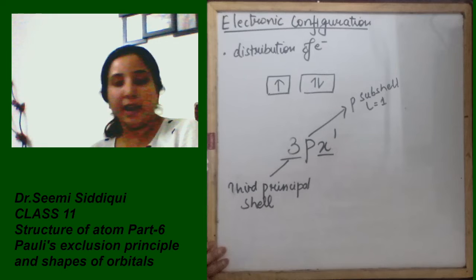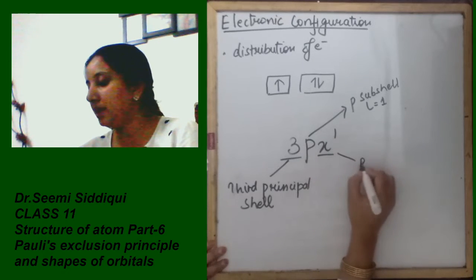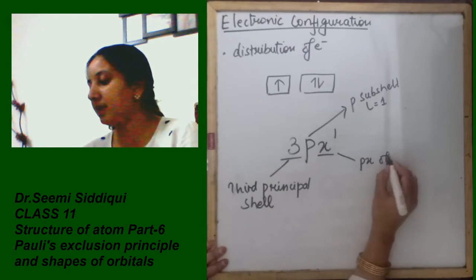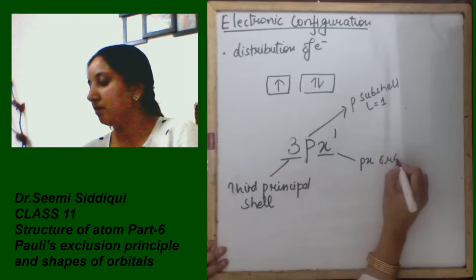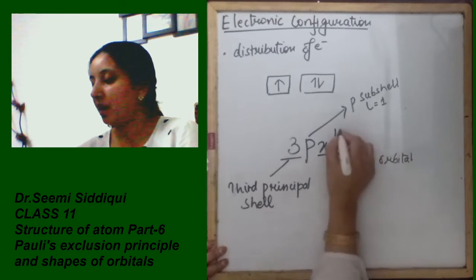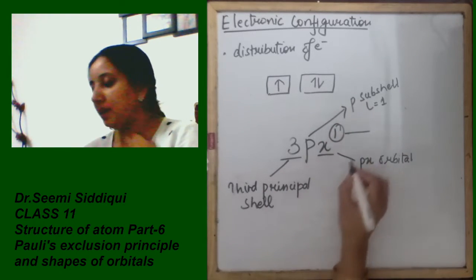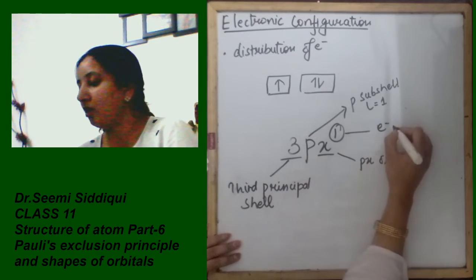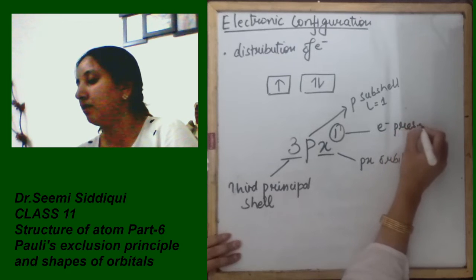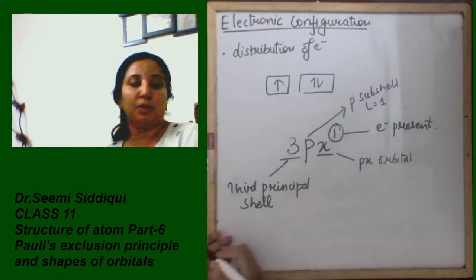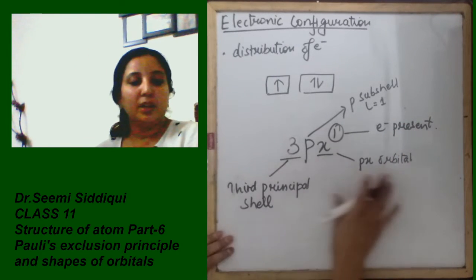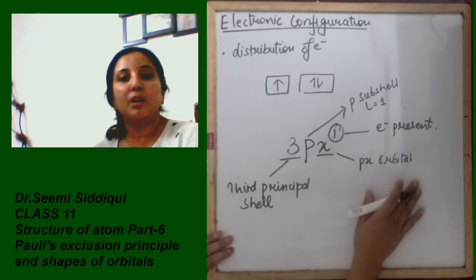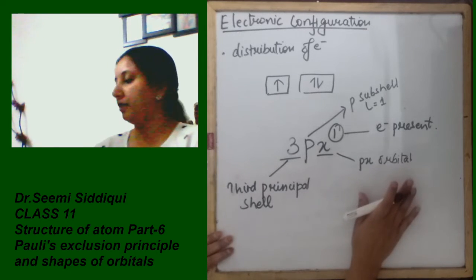Then x means it is the px orbital, and this 1 means the number of electrons, one electron, is present here. So in this manner we write down the electronic configuration.